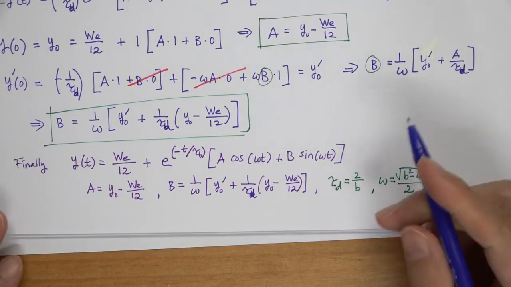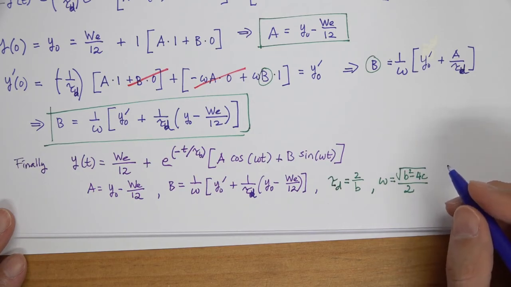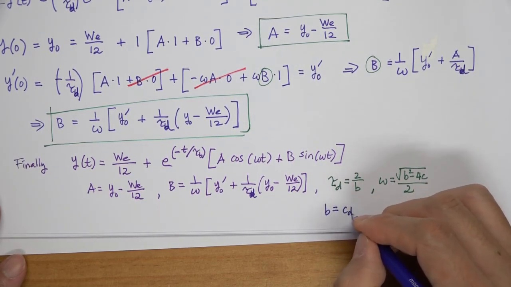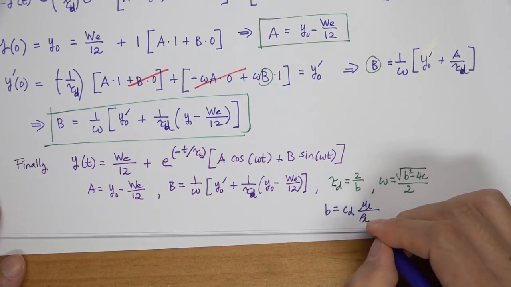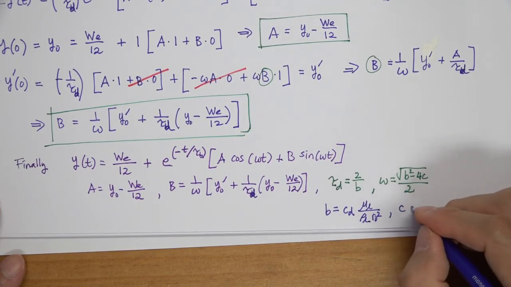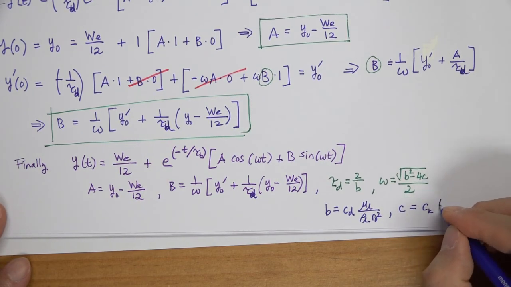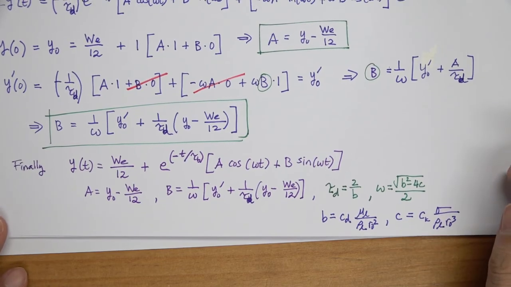Maybe you should also know that b and c: b was c d mu l over rho l rho square, and c here is c k sigma over rho l rho cubed.